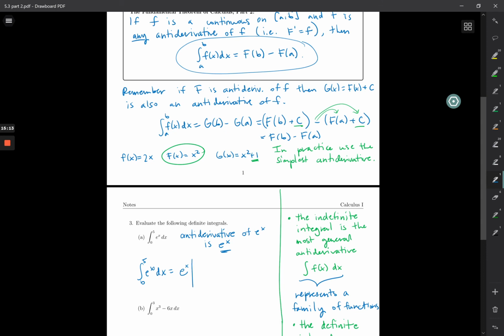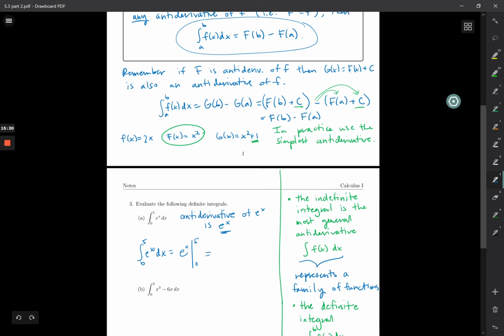Make sure it's large enough so that it doesn't look like a 1 or something like that. And then we'll write the bounds at the top and bottom, right? And so that's going to tell us that we first evaluate this function at 5, the top bound, and then we evaluate it at the bottom bound, e to the 0.